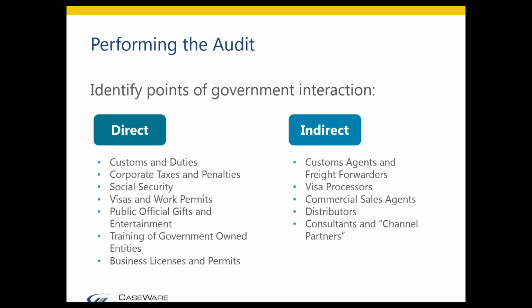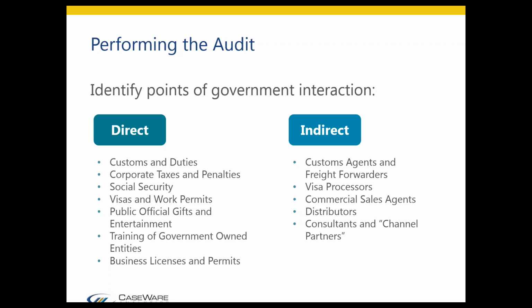An example of an indirect payment is when we pay customs duties to an agent or a freight forwarder, or when we use visa processors to do our work permits and residency. If you use a commercial sales agent, no matter what you call them, an intermediary, a commercial sales agent, a trade sponsor, there are so many different names companies use for these third-party intermediaries and sales agents.